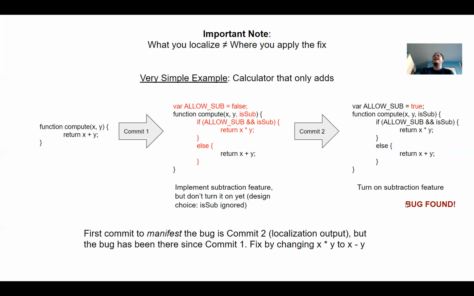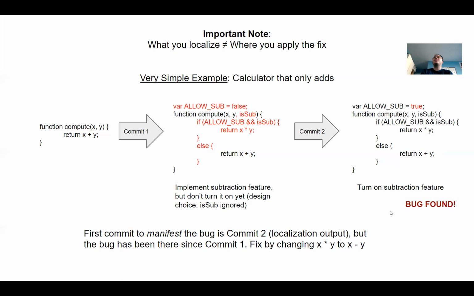They put in the values 5 for x and 4 for y. And instead of returning 5 minus 4, which is 1, it returns 20 instead. So there's a bug here. But that bug doesn't exist here. It only exists here, basically.